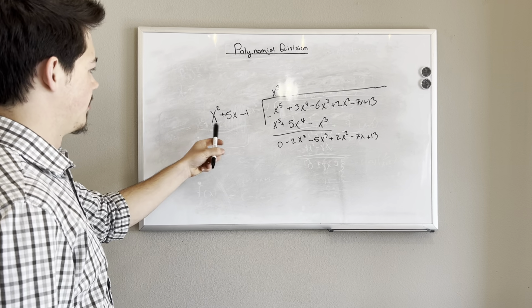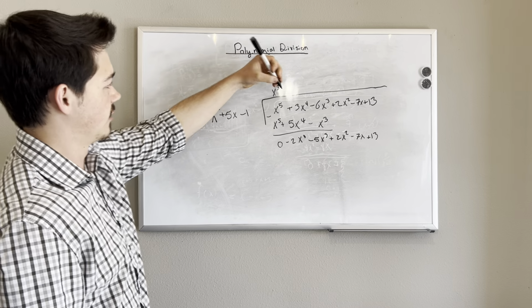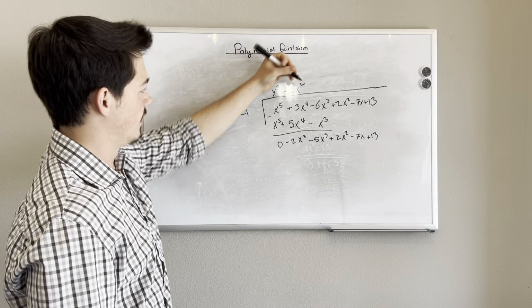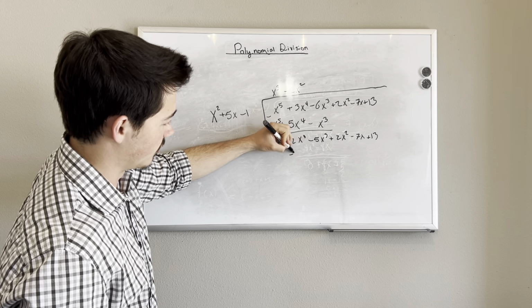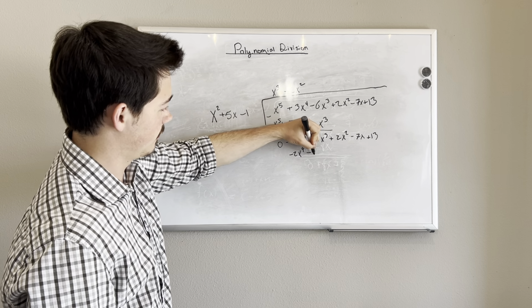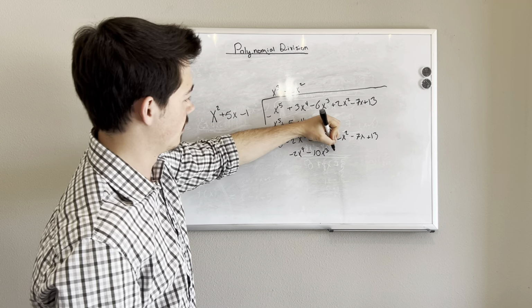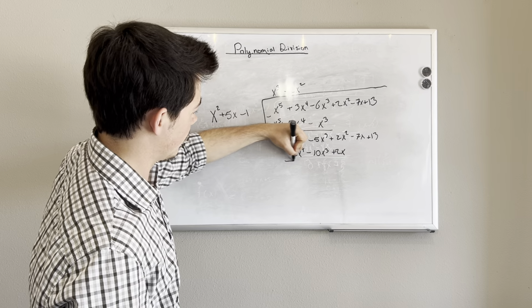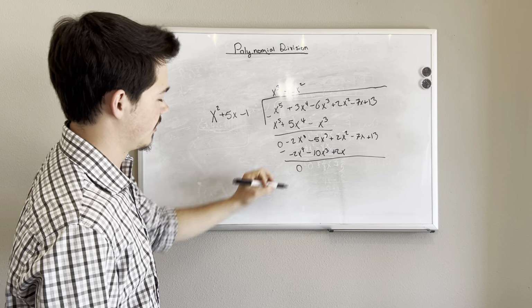So now we want this to be equal, so we'll multiply by negative 2x squared. And now our first term should match up when multiplied, so it'll give us negative 2x to the 4th minus 10x to the 3rd plus 2x squared. And then we're going to subtract all those terms again, so that'll cancel out to 0.